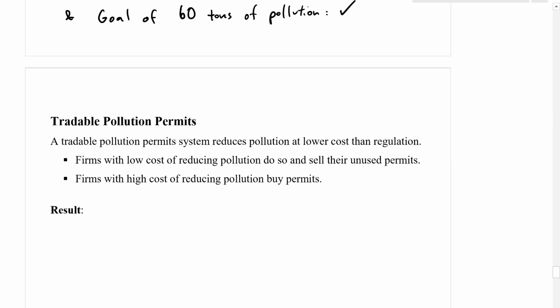But in the end, with the policy, society has its optimal level of pollution and is just as well off as it was up here, which required both firms to cut emissions by 25%. So cap and trade, tradable pollution permits, reduces pollution at a lower cost than across-the-board regulations.